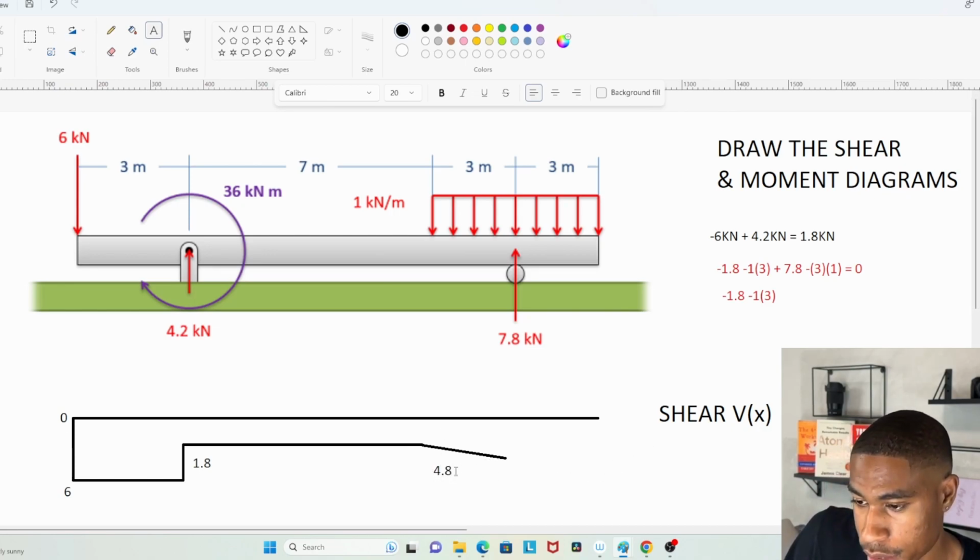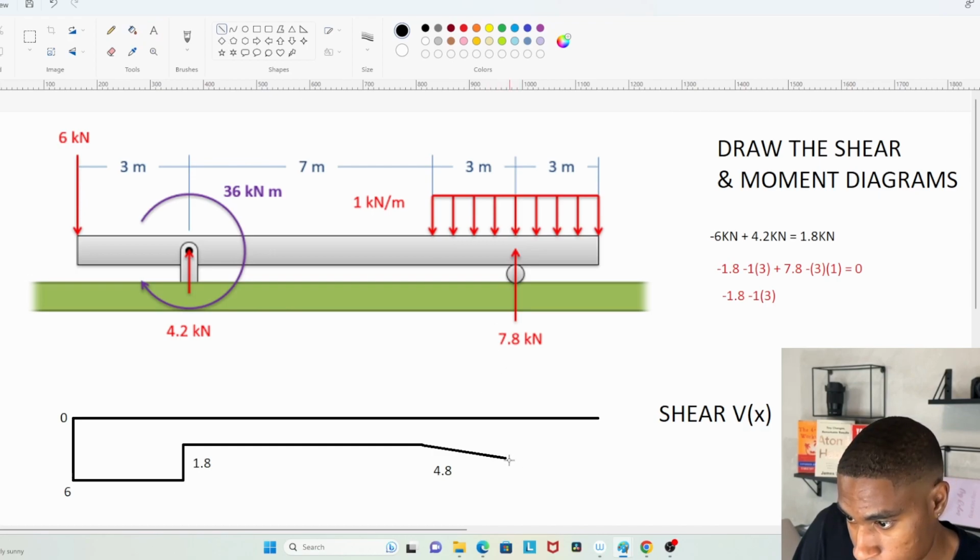Remember, everything's relative, so I know that 6 is down here, so I don't want to go below 6 in my drawing. All right. Then at this roller it is literally going to spike up 7.8.